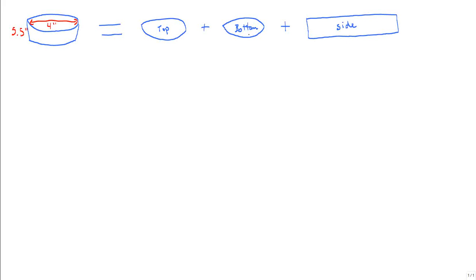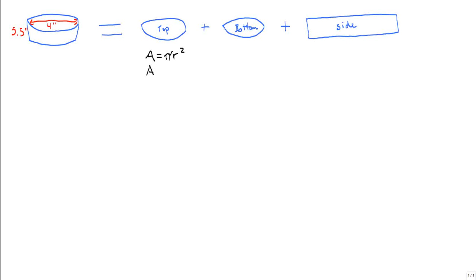So let's do the top and the bottom first. So we know that we have to find the area of all the can to find out how much tin we're going to need. And the formula to find the area of a circle is A equals pi r squared. So now it's just a matter of substituting the numbers given in the formula.